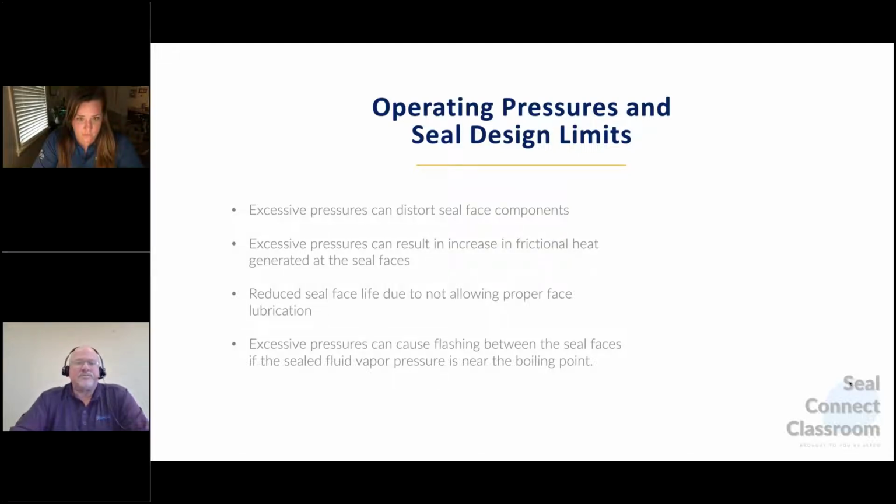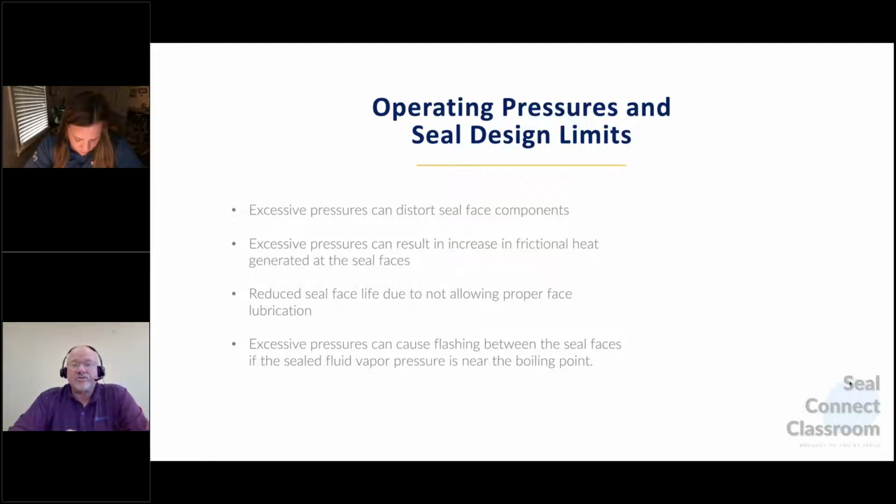Let's talk about pressures. Pressures, like we talked about before, can cause your seal faces to distort. Most off-the-shelf seals are balanced up to 150 psi. But again, I would recommend for anything over 100 psi stuffing box pressure, you consult with your seal manufacturer to make sure that there's not anything that we need to do with those applications, like changing balance ratios to lighten the load on the faces and things that can give you better reliability.